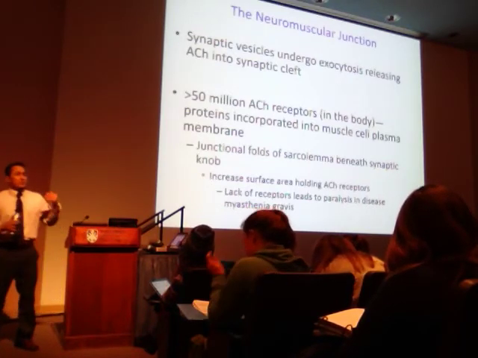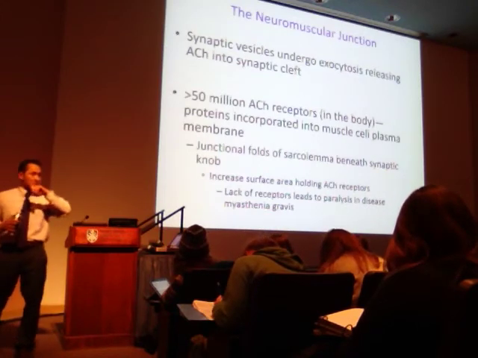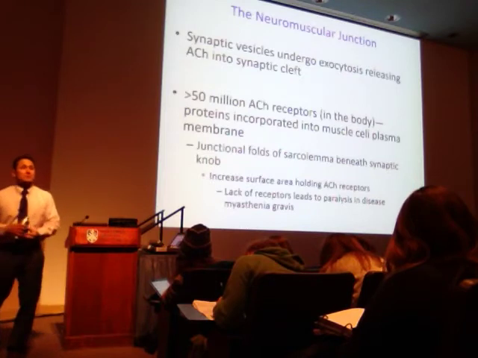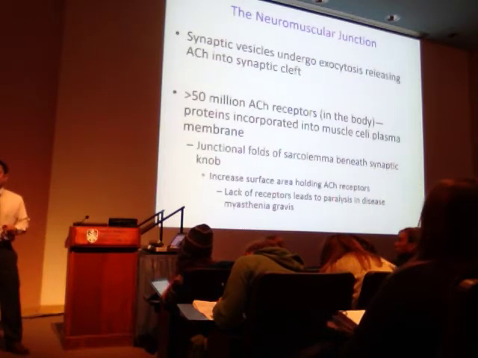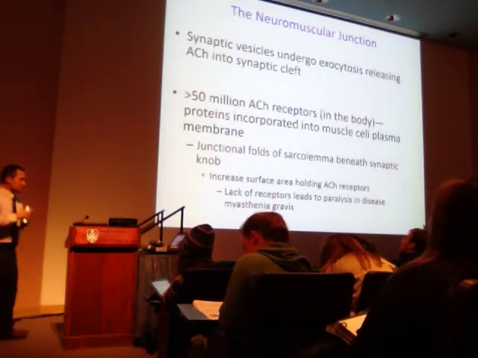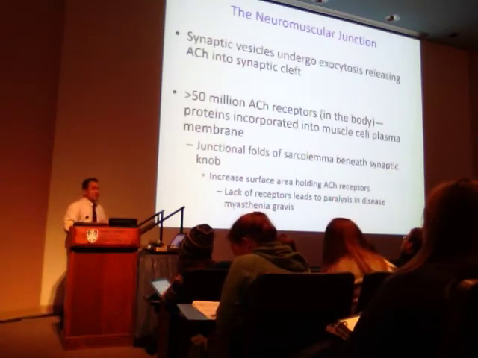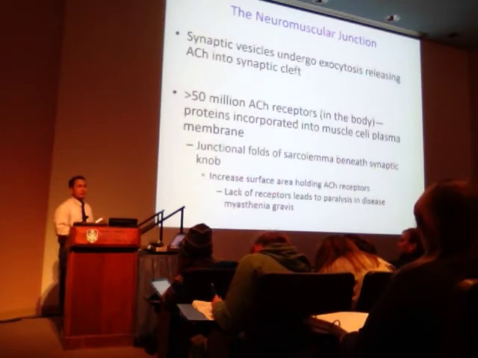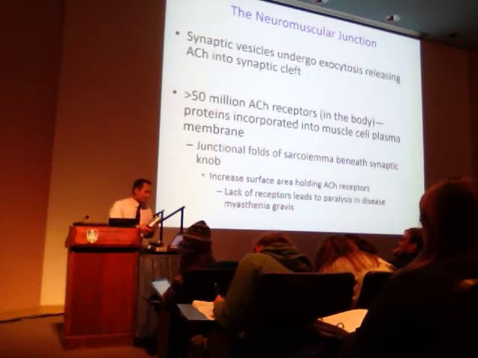And so the electrical signal is sent, acetylcholine is sent out into the cleft, but it cannot bind to its receptor counterpart on the other side. So myasthenia gravis is a muscle weakness disease as a result of this receptor not being available to bind acetylcholine.